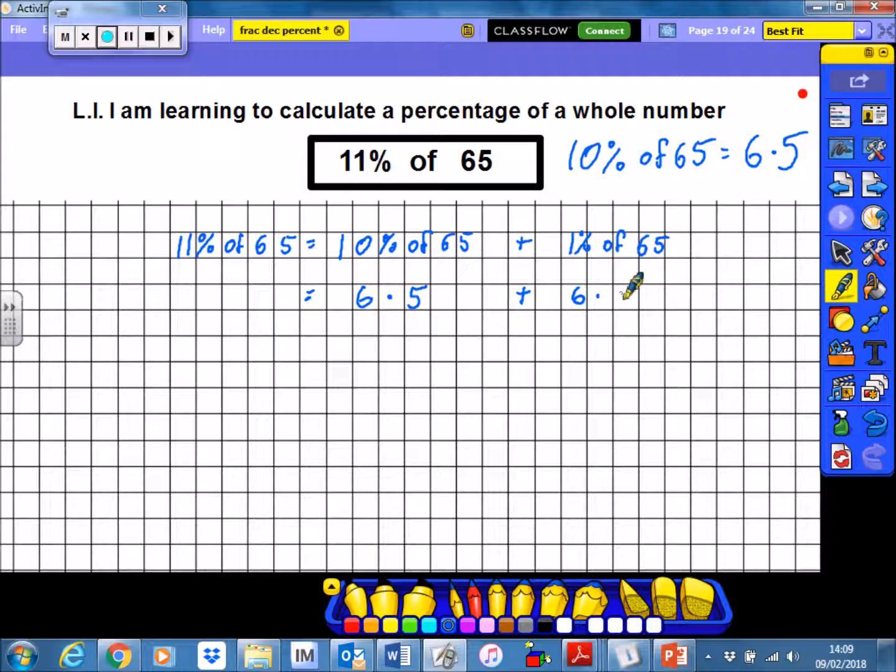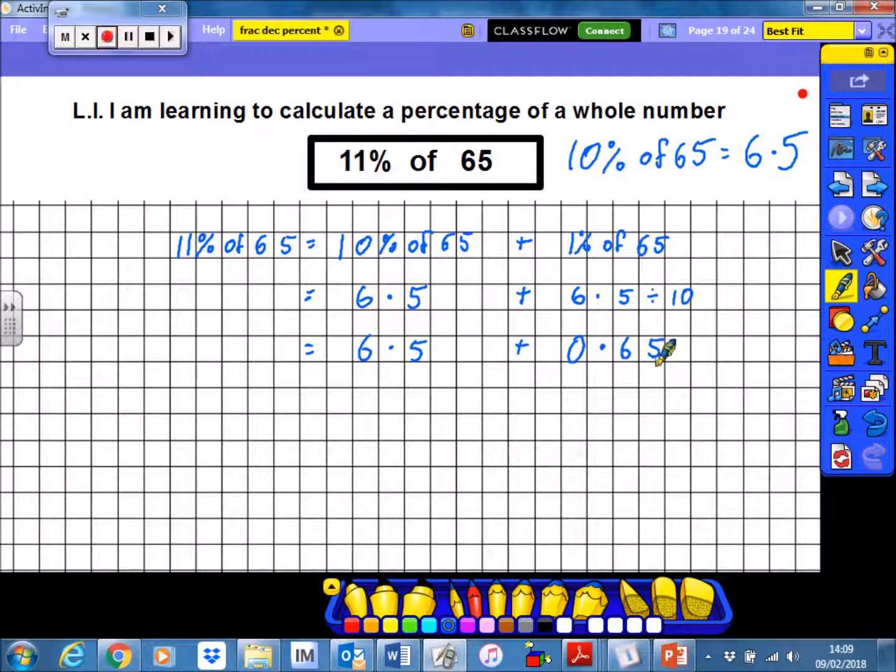So it's going to be 6.5 divided by 10. So really what we have is 6.5 plus 0.65. Remembering, of course, that when we divide by 10, everything moves down a column. So the unit is going to move into the tenths column, and the tenth is going to move down into the hundredths column. So we actually have 0.65.